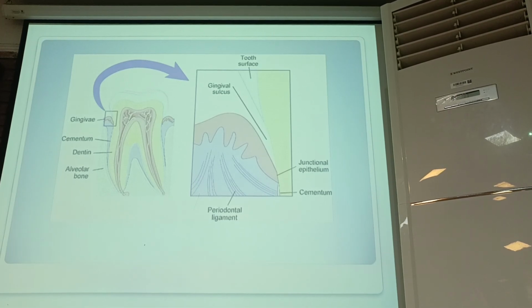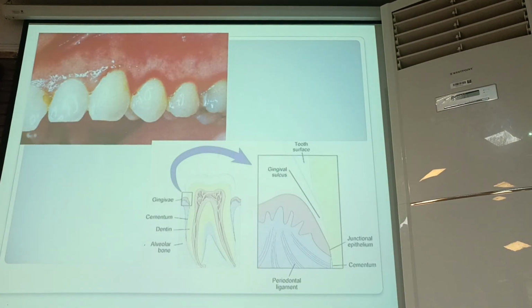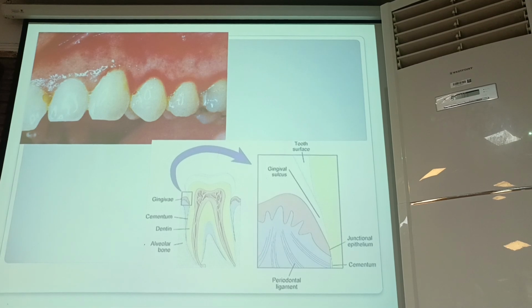But if the oral hygiene becomes poor, you can see this appearance. The red and swollen gingiva bleeds easily, for example, during toothbrushing.